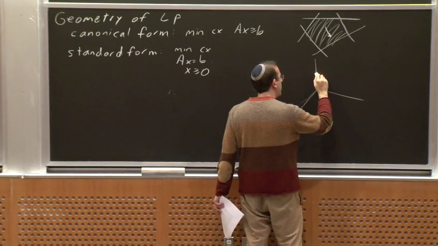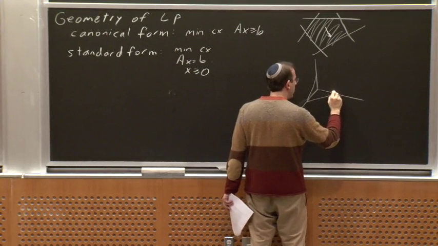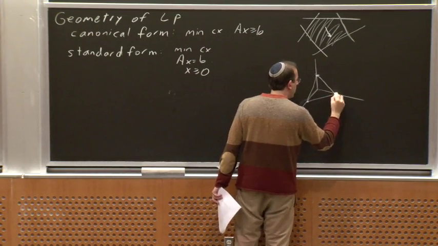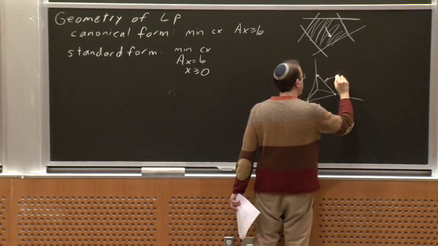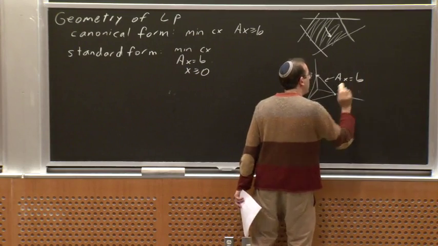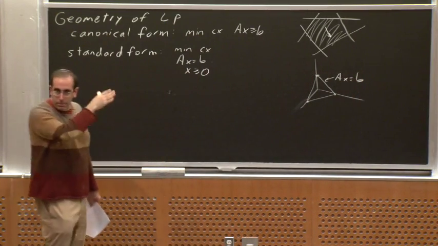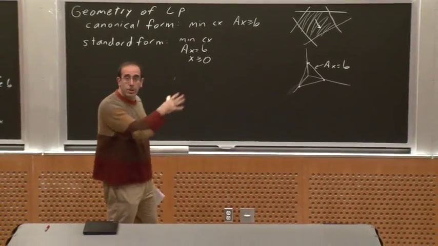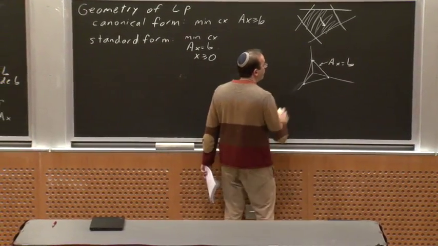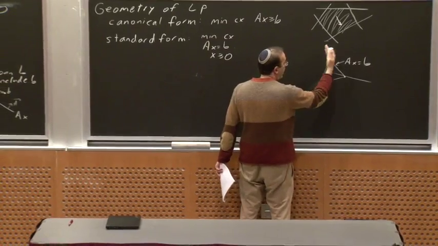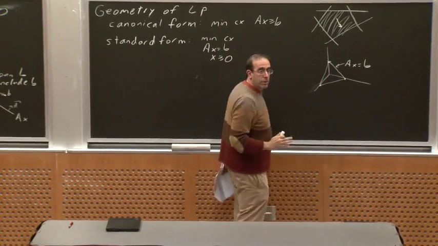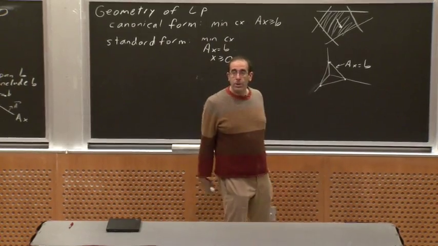So essentially, the Ax equals b constraints can be thought of as a lower dimensional hyperplane. In this case, it's a 2-dimensional plane, and it's bounded by the axes of the higher dimensional space within which you're thinking.